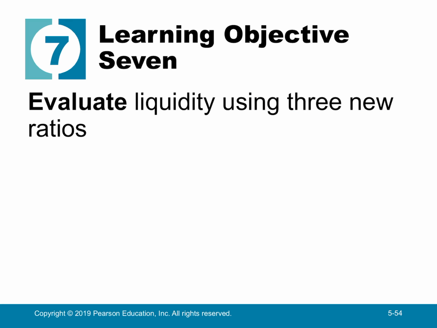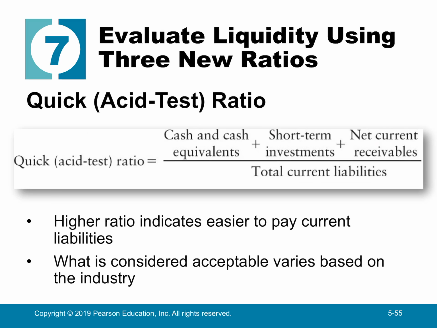Finally, let's quickly look at some liquidity ratios. So we're going to introduce some new ratios. So first is the quick or acid test ratio. This is basically a derivative of our current ratio. If you remember, the current ratio was current assets over current liabilities.